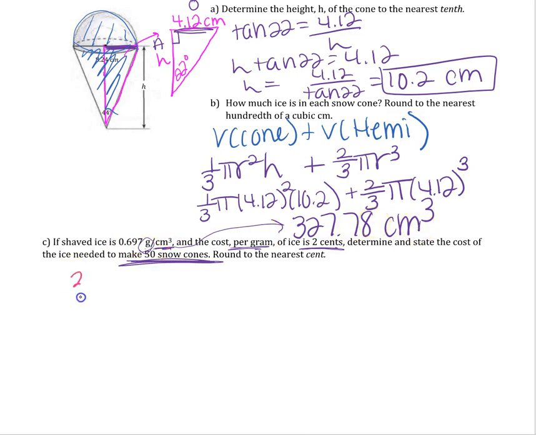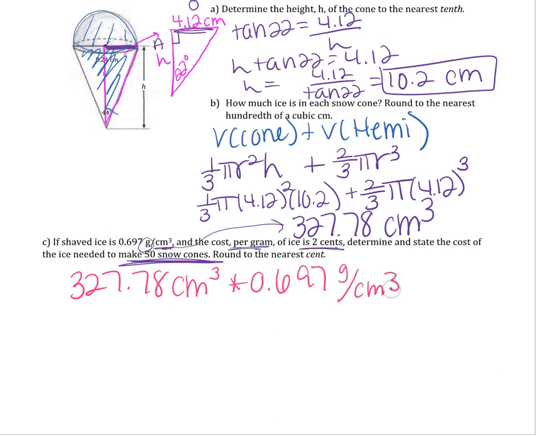So I have 327.78 centimeters cubed times 0.697 grams per centimeter cubed. When you multiply centimeters cubed by essentially 1 over centimeters cubed, those drop out, and that's what leaves you with the amount of grams you have.